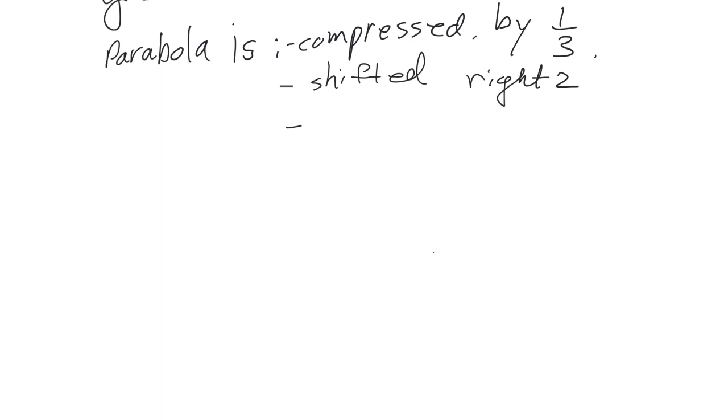So imagine I have a problem like this. The parabola is compressed by 1/3, shifted right 2, but it doesn't say anything else. How do we write that? The first thing that you always want to do is refer to the original equation, y = a(x - h)² + k, right? And then we're going to try and build our problem to look similar to that.